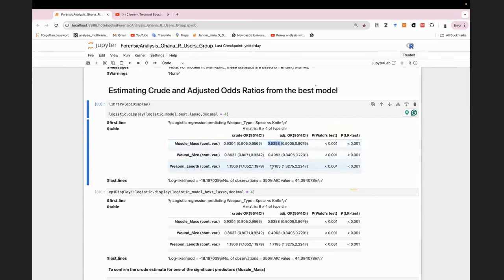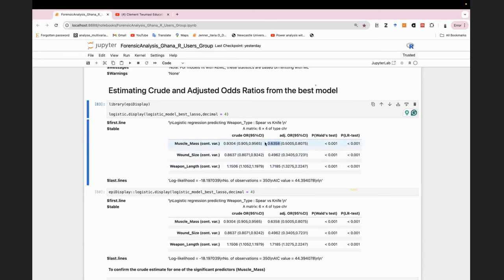And if the value is, let's say, 1.7 for males, I would say males are 1.7 times more likely to use a weapon relative to females. That doesn't apply here, but I'm just giving a brief interpretation. It's fine if it is greater than 1, but one could also report on the excess.